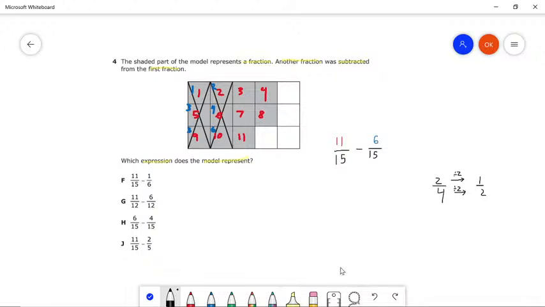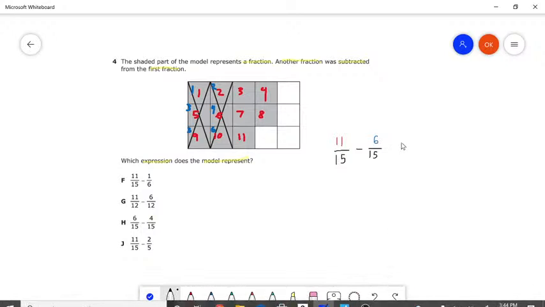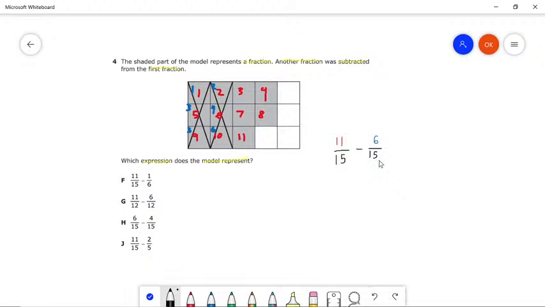So let's do that for these fractions. We see that 11 is a prime number and cannot be divided by anything except 1 and 11. And we see 6 can be divided by 3 and 2. And we see 15 can be divided by 5 and 3.